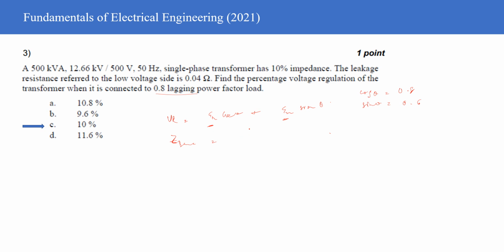So Z base is nothing but kV square divided by MVA, and it's equal to 0.5 whole square divided by 0.5, which is equal to 0.5, right?